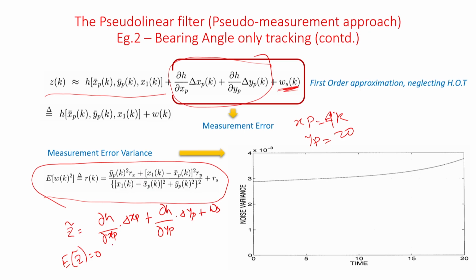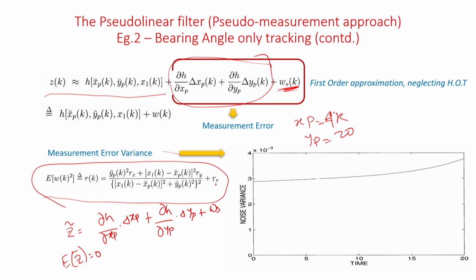Now, del h by del x you take the derivative, del h by del y you take the derivative, and then take the square, a simple square. So the expectation of xp square, expectation of yp square, and expectation of Ws square, those values will come in here, and when you do that, you will get something like this.